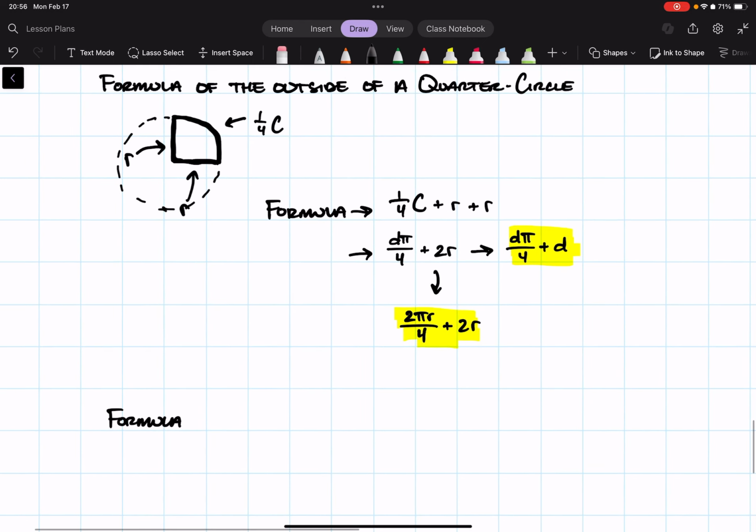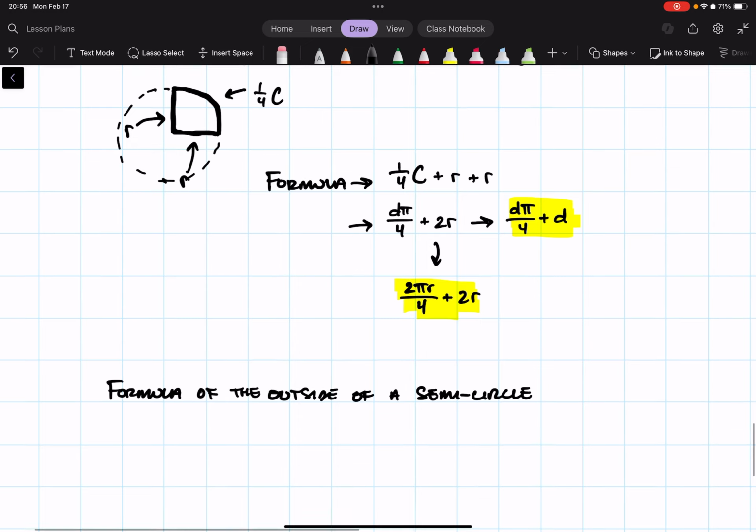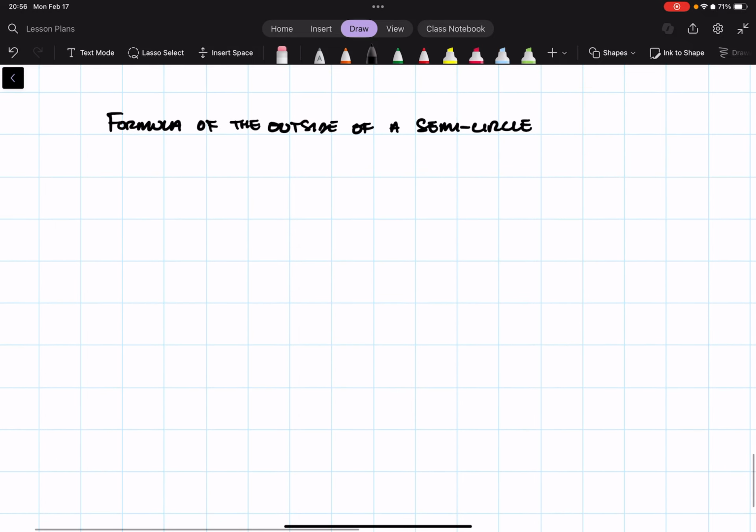of the outside of a semicircle. And if you're doing that, then you're really finding this right here, and you're finding that section.